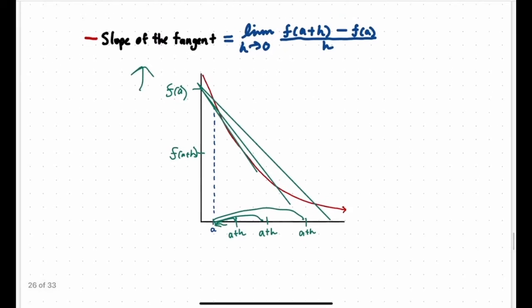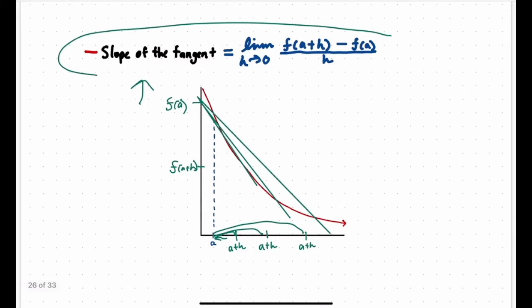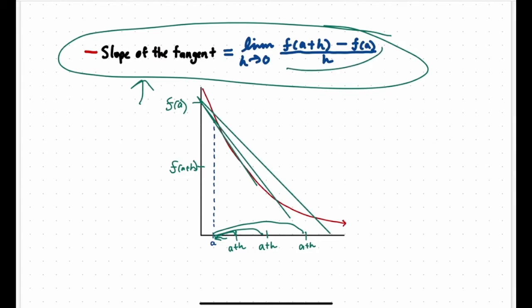So this is the expression that we can say using a limit, that the slope of the tangent line, or the derivative at a, is equal to, as the limit of h approaches 0, this equation right here, which is the rise over run of f at a plus h minus f at a.